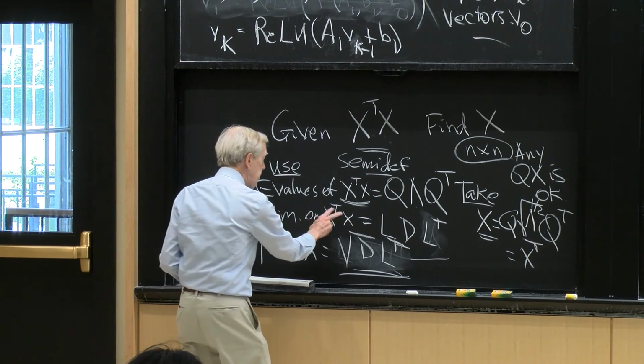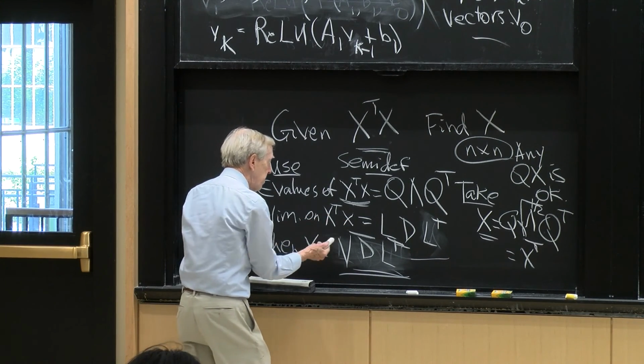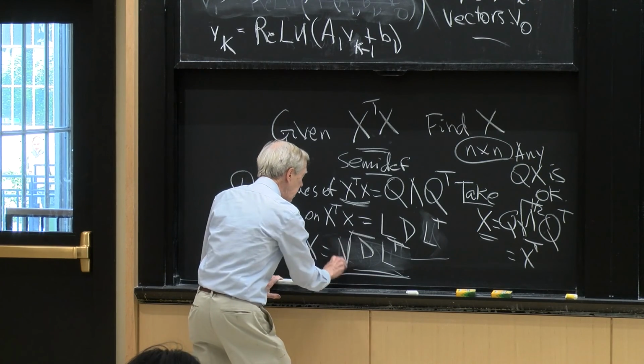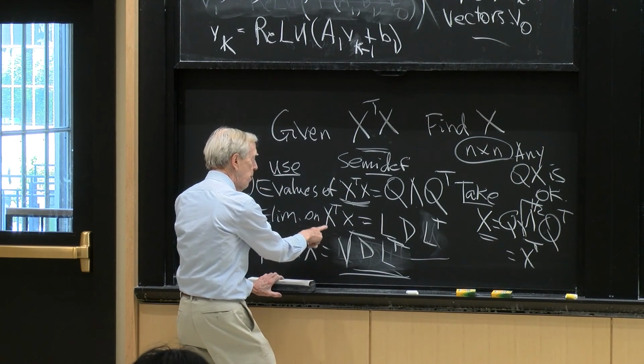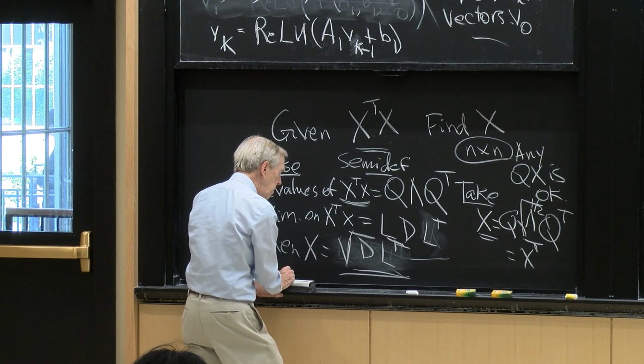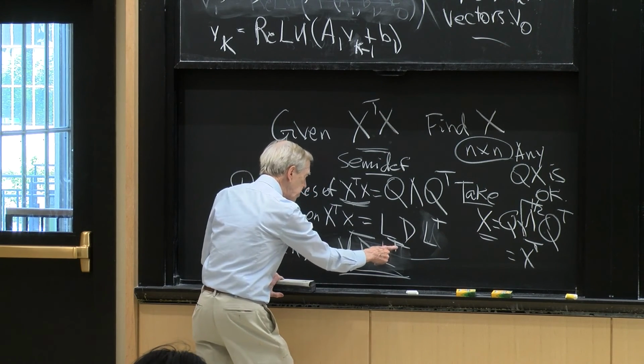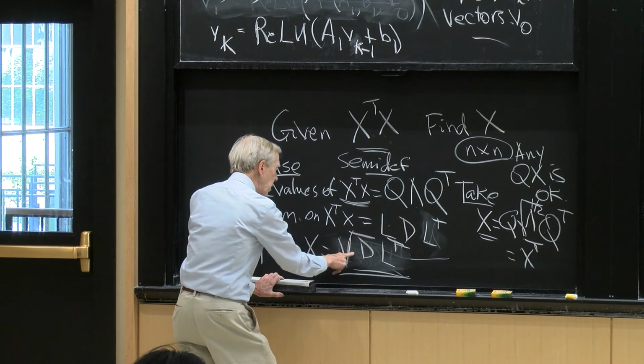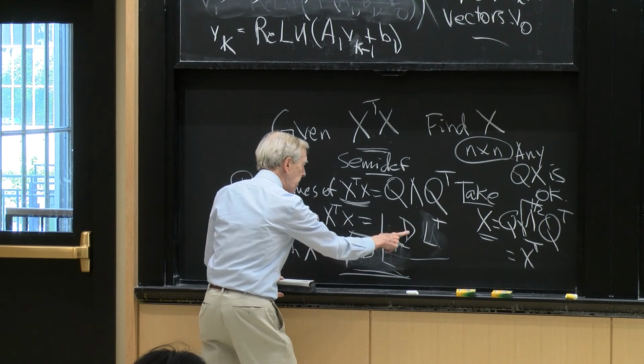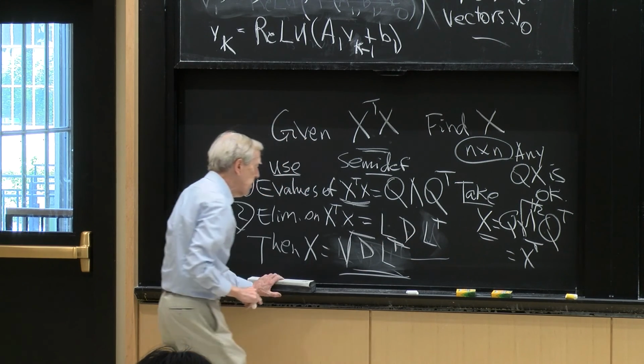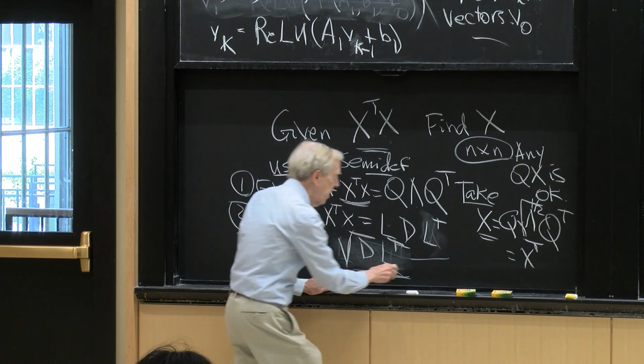And now when I do X transpose X, you see X transpose X coming out correctly. X transpose will be L transpose transpose, which gives me the L. Square root of D times square root of D gives the D, and then the L transpose is right.